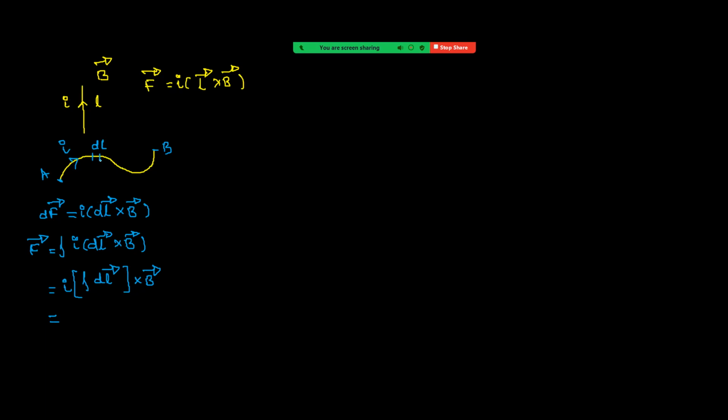Now see carefully. dl bar is one vector, and its direction is the direction of current. So we take dl bar, next dl bar, like taking small elements. It is now a combination of n vectors. And for the resultant of n vectors, we have learned in vectors the polygon law of vectors.